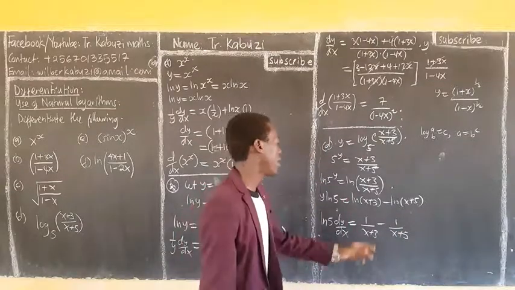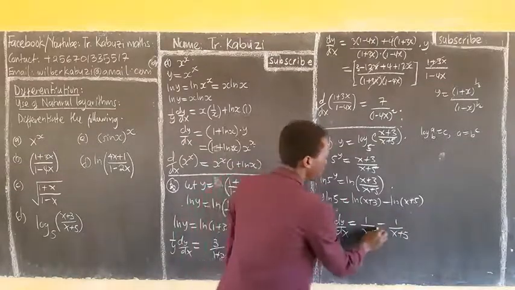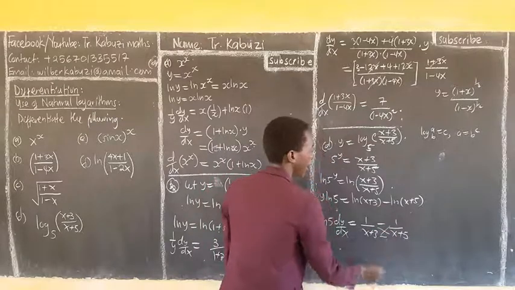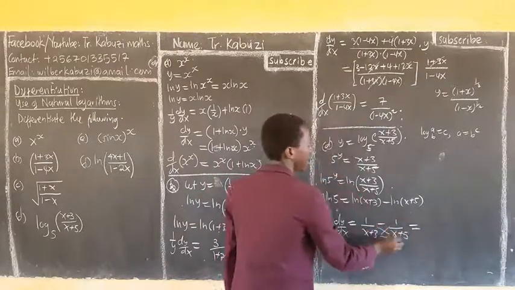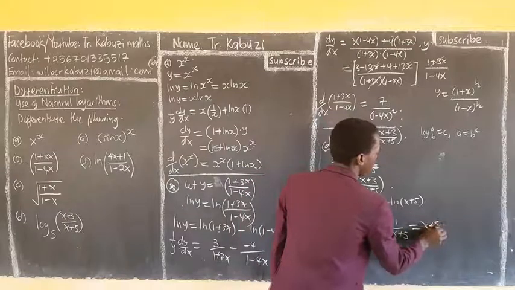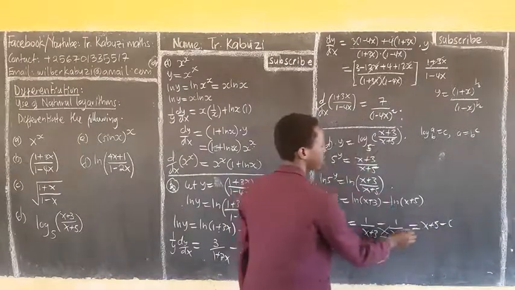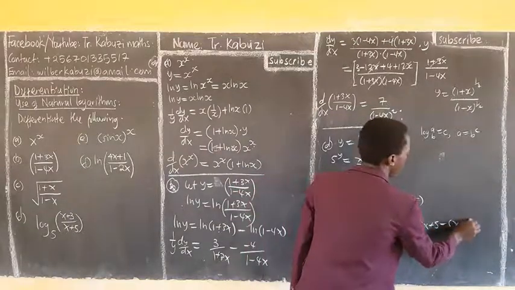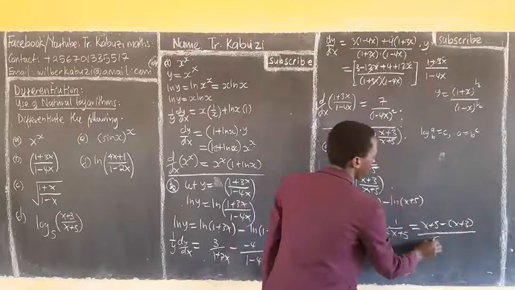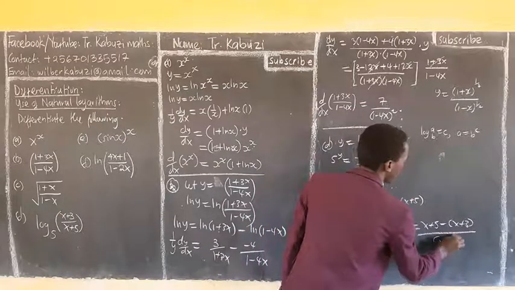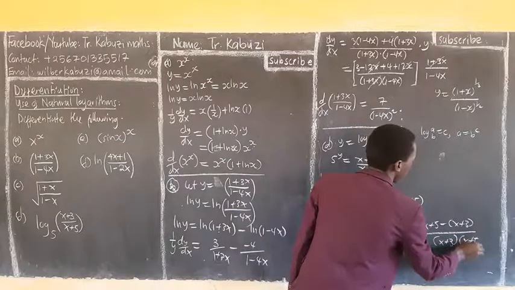So from here, we just simplify. We cross multiply like this. We shall be adding 2 times x plus 5, then minus 2x plus 3, the whole over 2x plus 3 times x plus 5.